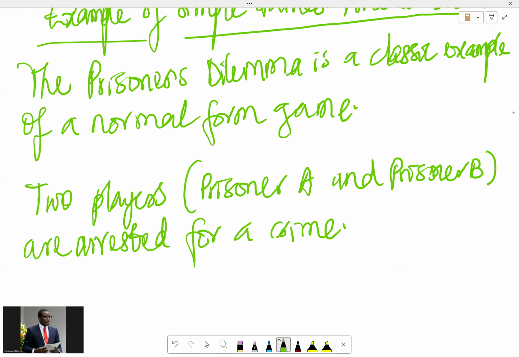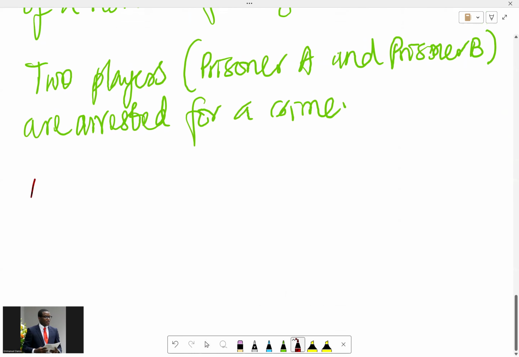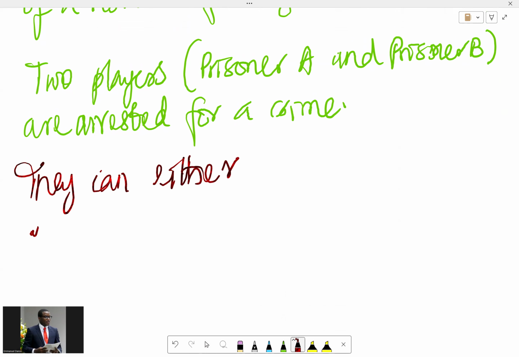So let's see what are the options available to them. They can choose to cooperate.